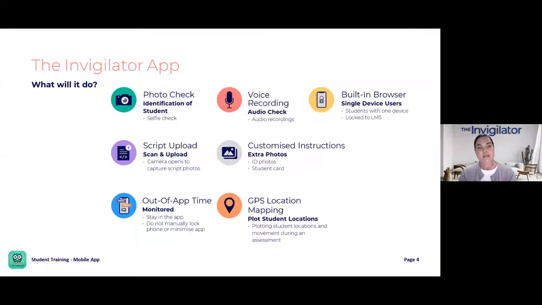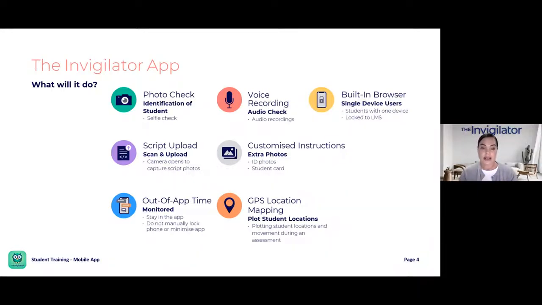However, if you are going to use the app for assessment purposes, the app needs to be running in the foreground of your mobile phone for the entire duration of your assessment. You cannot close it, you cannot minimize it. The moment that you close or minimize, that time starts accumulating, and that is seen as a transgression.